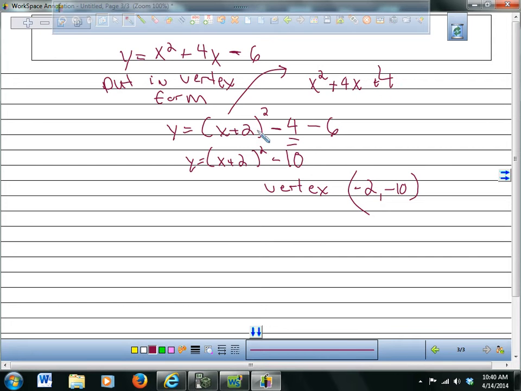If I FOILed it out, that's what I get, right? In order to keep this equation exactly the same, I have to take away 4, see, minus 6. So if I simplify this, I get the exact same thing as I have over here, see? So the vertex would be at negative 2, negative 10.